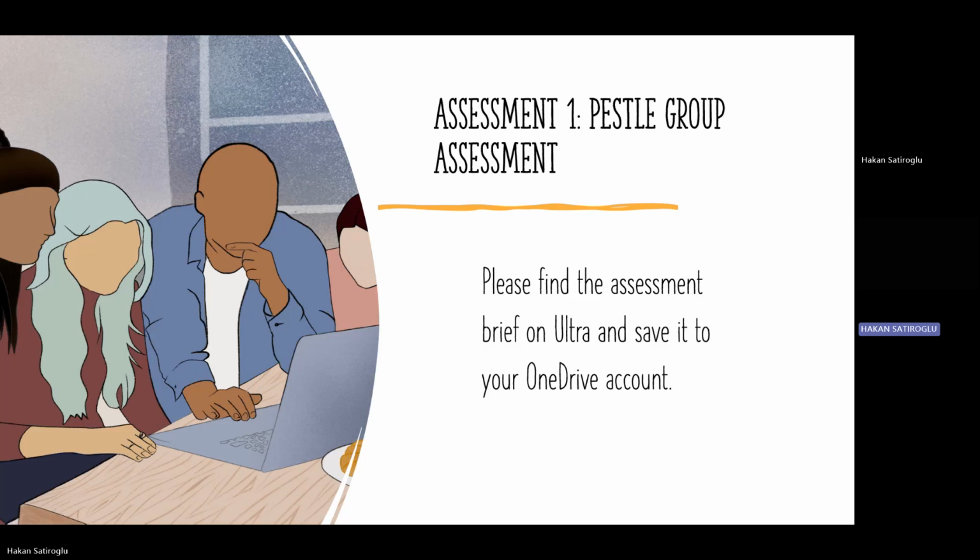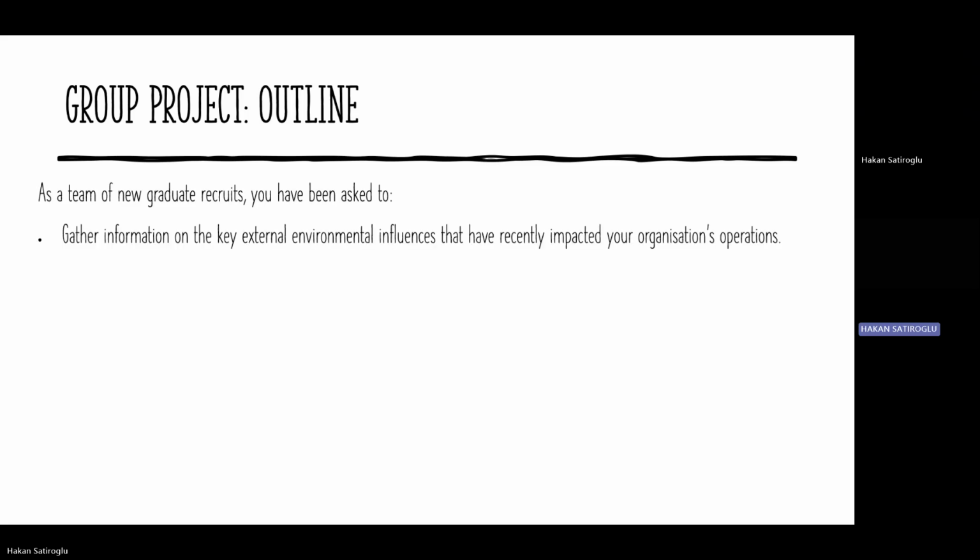Assessment one is a group assessment, and please find the assessment brief on Ultra and save it into your OneDrive account. The group project outline is: as a team of new graduate recruits, you have been asked to gather information on the key external environment influences that have recently impacted the organization's operations.